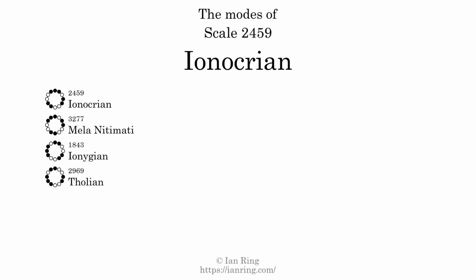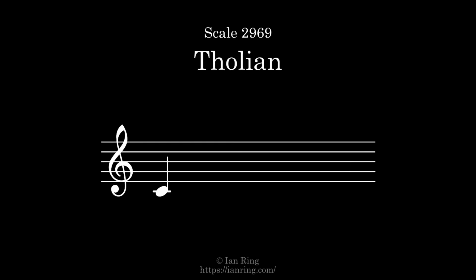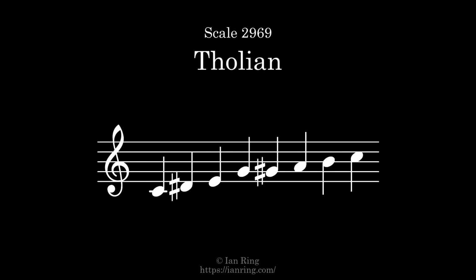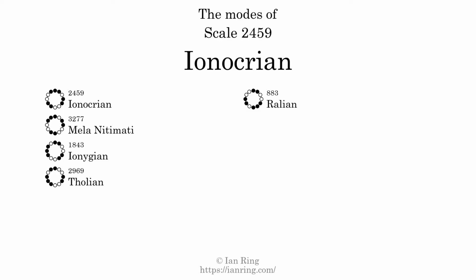The fourth mode is scale 2969, also known as Tholian. It sounds like this. The fifth mode is scale 883, also known as Raelian. It sounds like this.